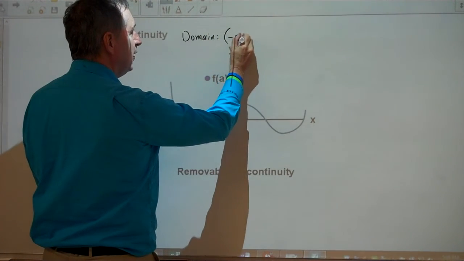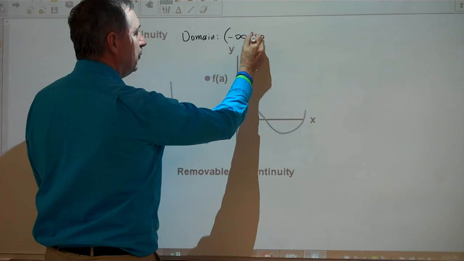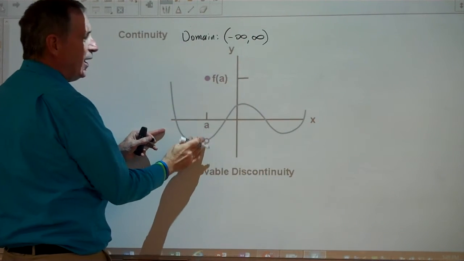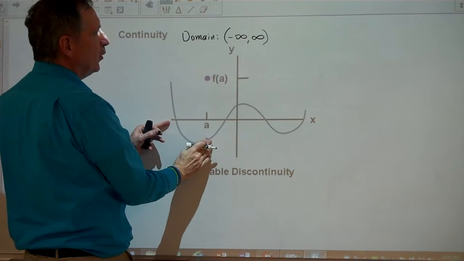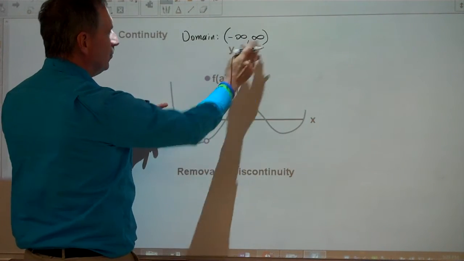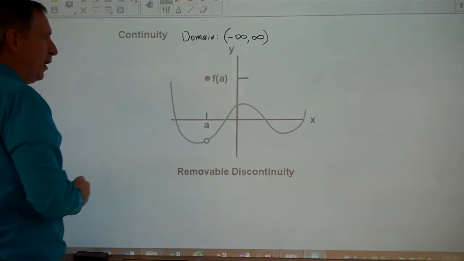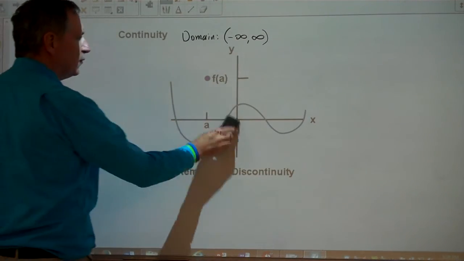So negative infinity all the way to infinity, and at a, you have a point that breaks the rule, if you want to call it that, but it still has all real numbers as its domain.